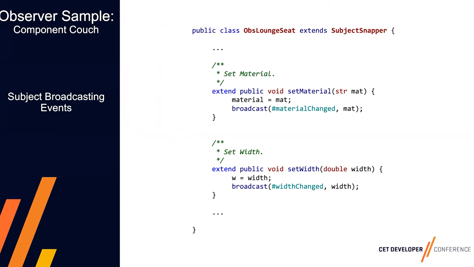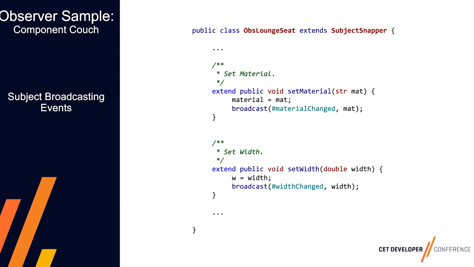So now let's talk about an actual real life example of using that system that we have built. What we have here is a lounge seat. For those who haven't done too much development on that side of things, we're basically just talking about the rough equivalent of a couch. This is going to be a couch that has a back cushion and a bottom cushion, both as separate components.